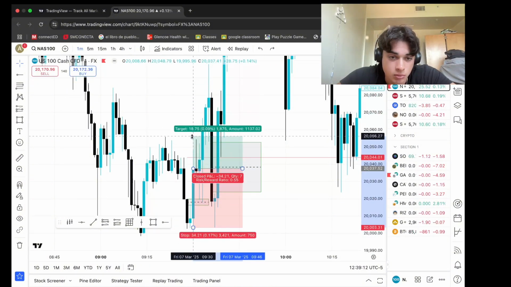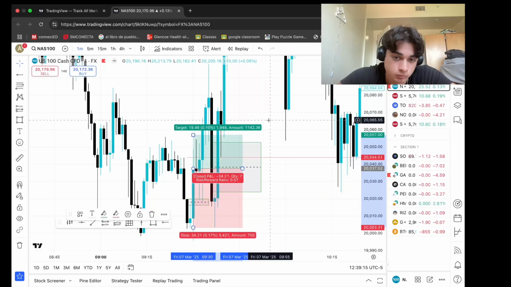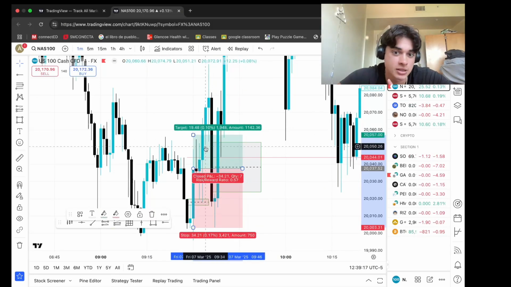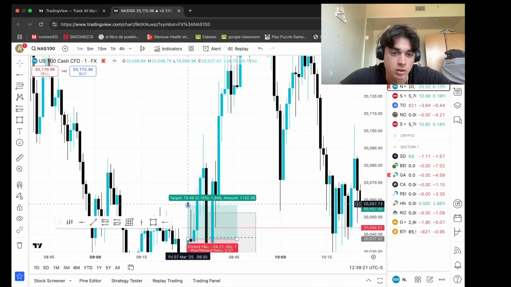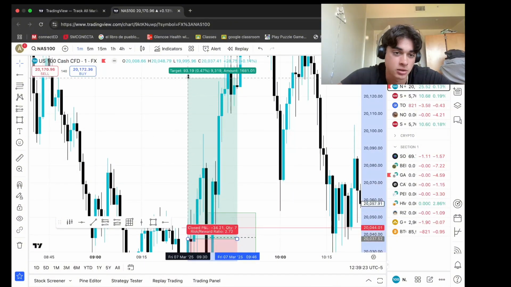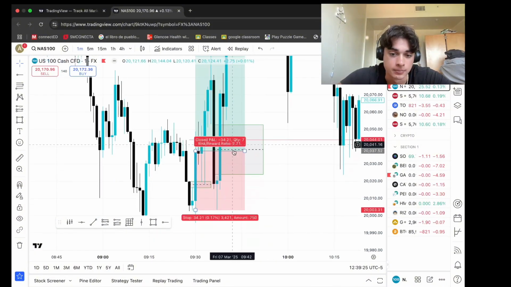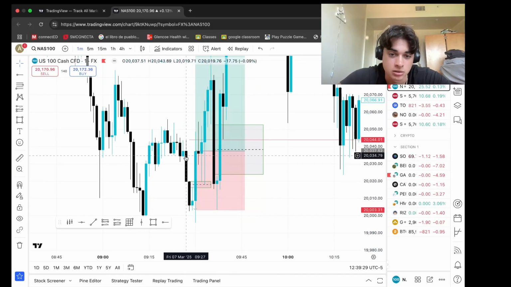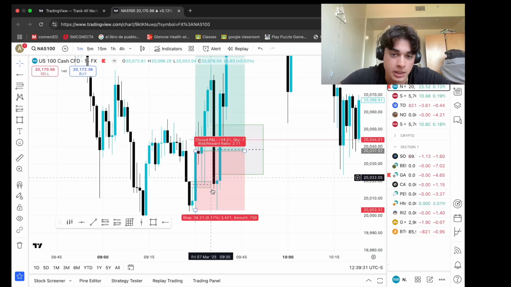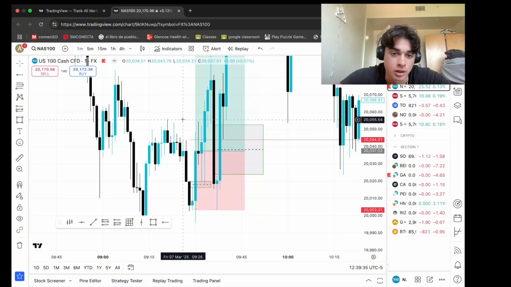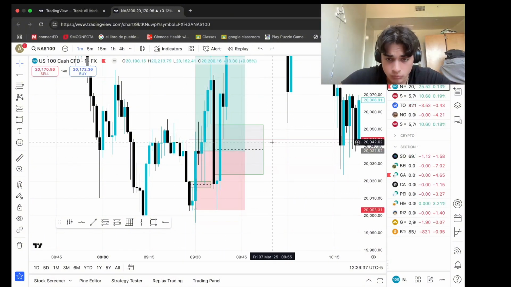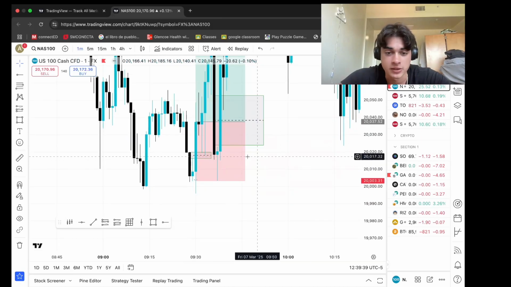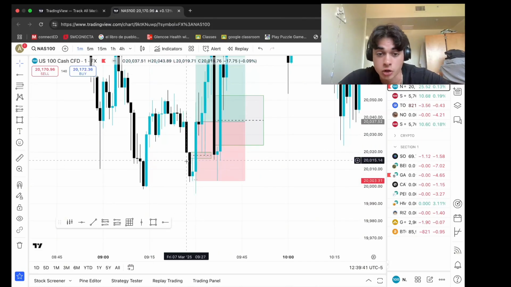Internal liquidity right here. Take your profits there and then leave the rest of your contracts to a higher high and break even. But if we would have entered right here, we would have been break even because of this candle after taking our internal liquidity.